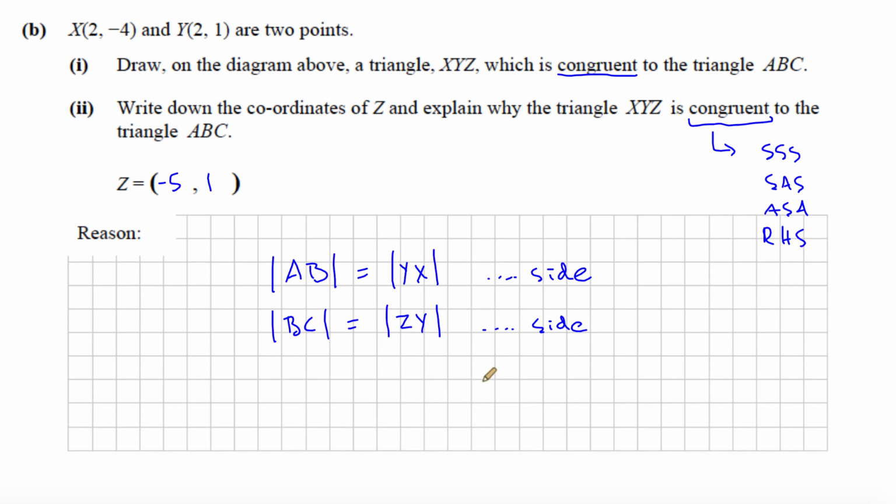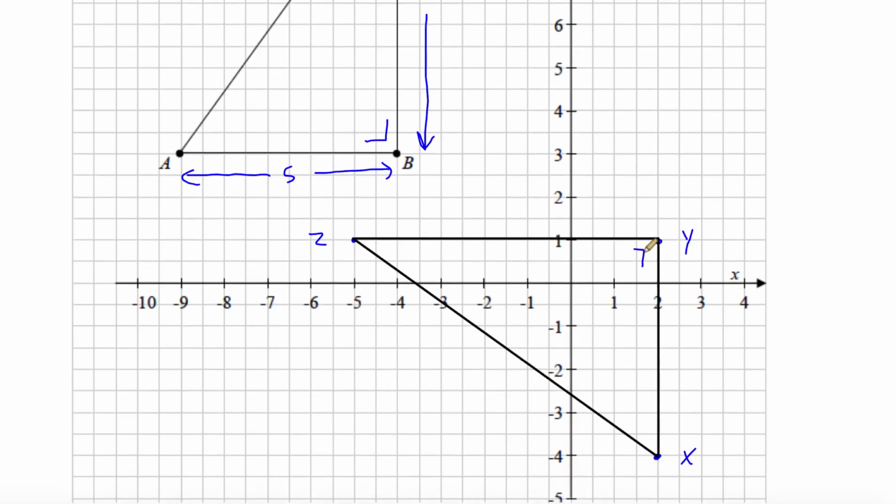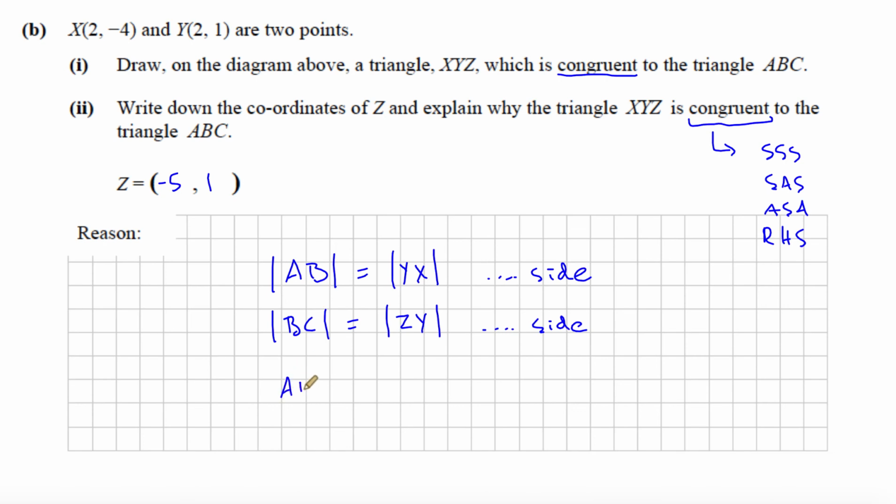And actually what I'm going to do instead of side, side, side, I'm just going to do the angle between those two now. So the angle between them, the angle ABC is 90 degrees, and the angle between these two sides is also 90 degrees. So the size of the angle ABC is equal to the size of the angle ZYX.